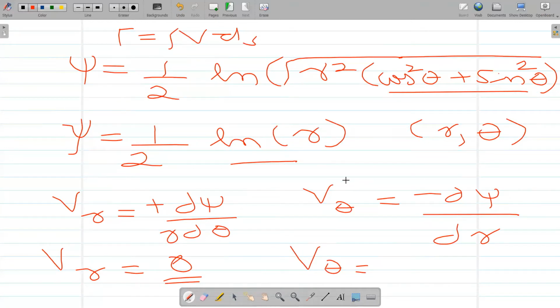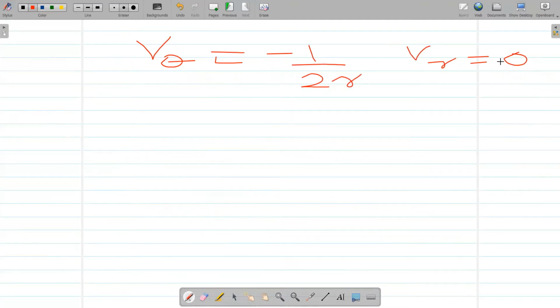So differentiating this expression with respect to r, I get minus 1 by 2, and the differential of ln r is nothing but 1 by r. So my V theta is minus 1 by 2r, and my Vr equal to 0. So my velocity at every location is going to be just V theta alone.